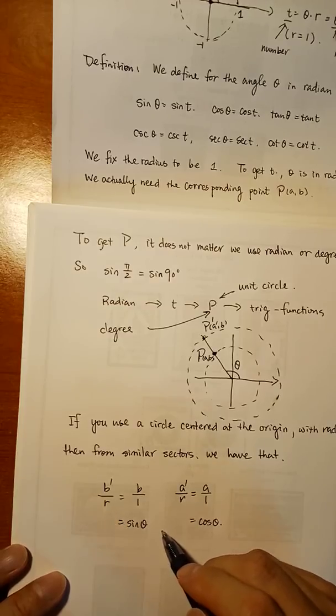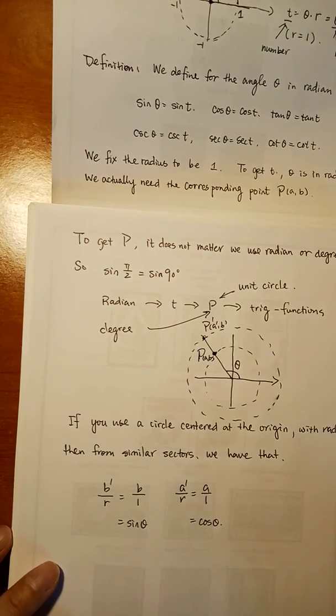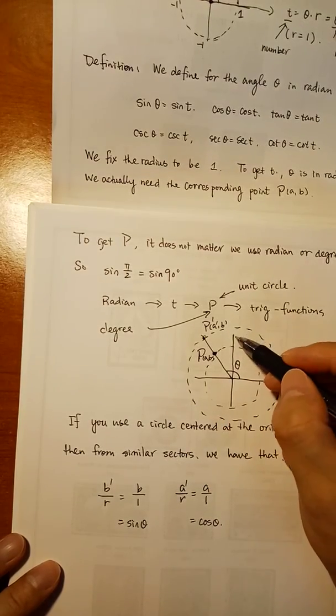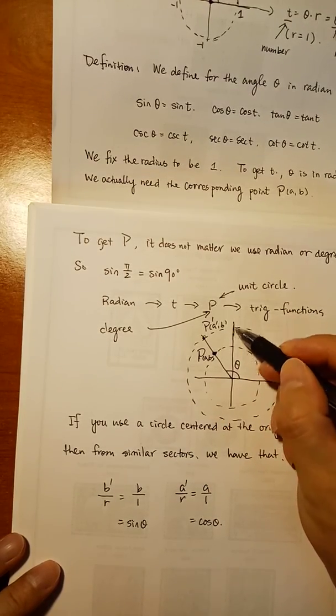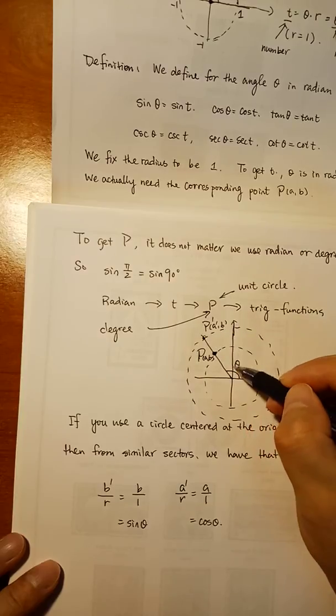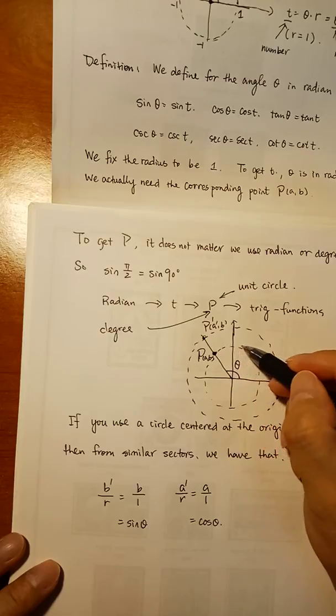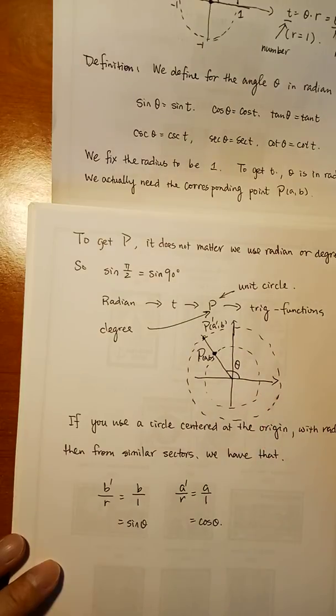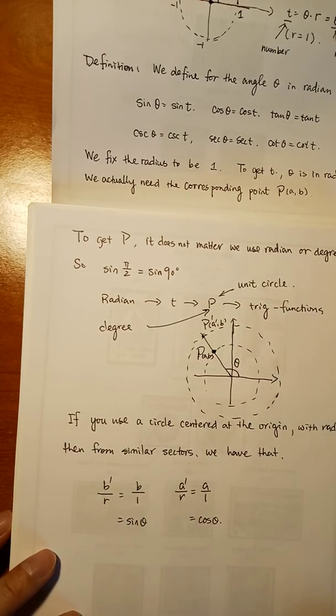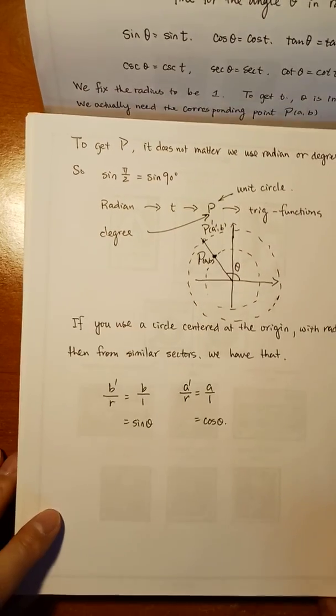The similar sectors just means this large sector is proportional to the small sector. But anyway, if you can use radius 1, just focus on radius 1. Now let's see the example.